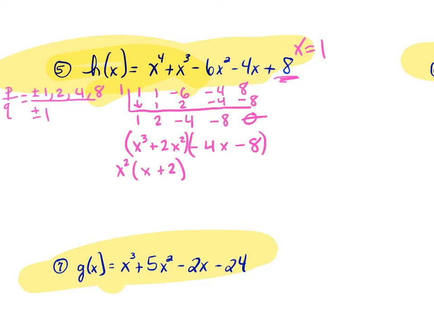And then what can we take out in our second 2 that'll leave us with an x plus 2? -4. So then x plus 2. So then we take our 2 that are outside and put those together. So x squared minus 4, and then x plus 2.